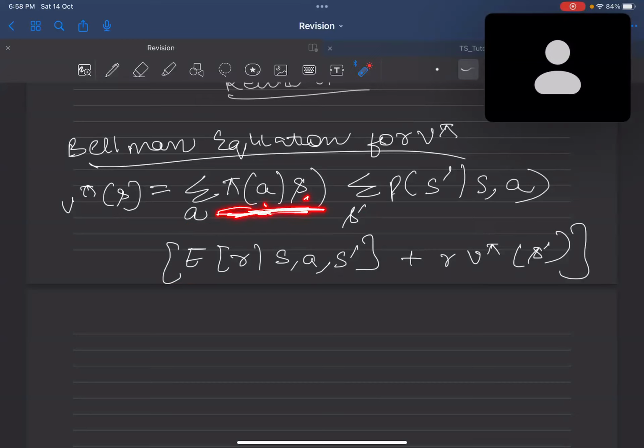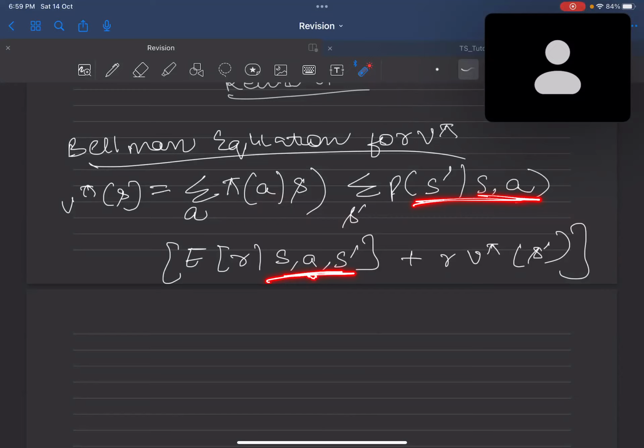That is a stochastic policy. Can I say, if I am given a state, what is the probability of the action I'll take? Okay, now I have the action as well as the state. Then we compute the probability of next state. That is MDP. Yes, now?